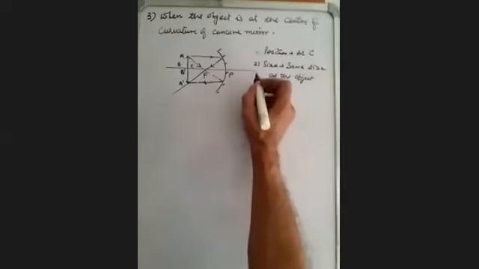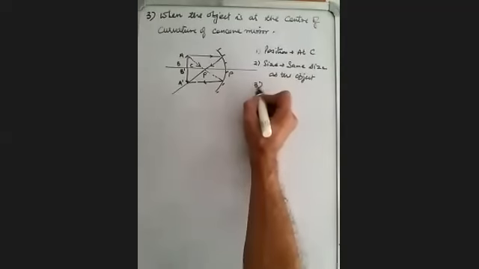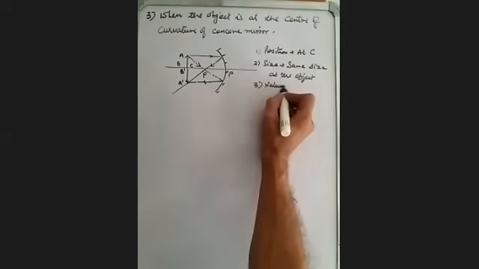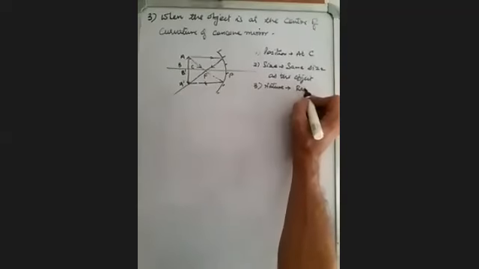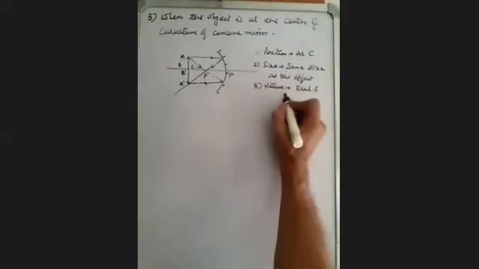Size will be equal to the size of the object. Third, nature will be real because rays are actually meeting, and inverted, and you can see it is inverted. So this is what we observe.